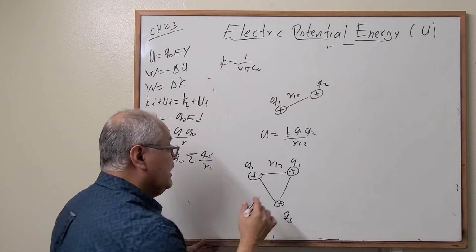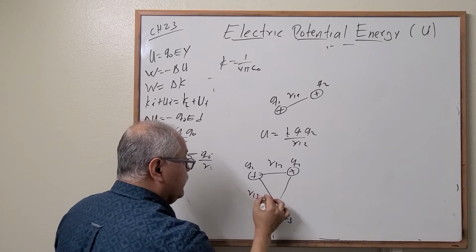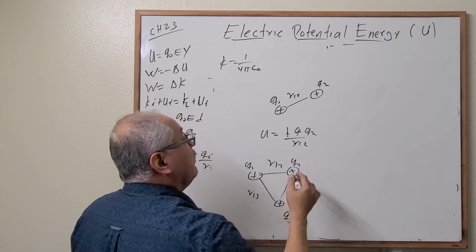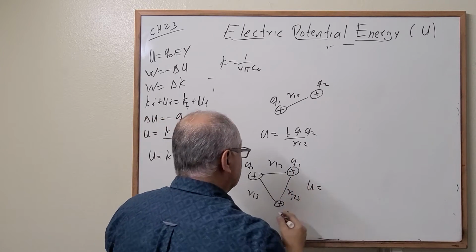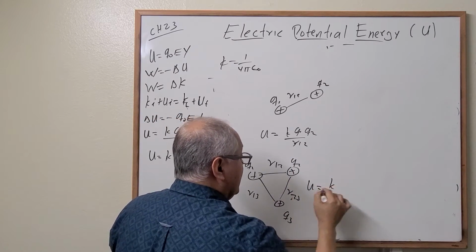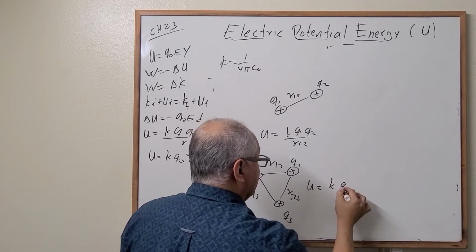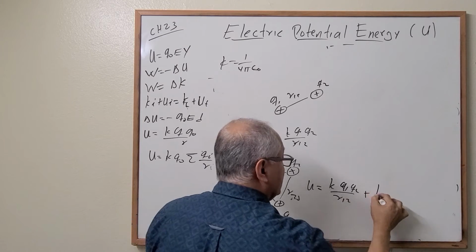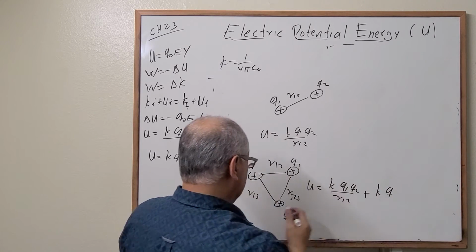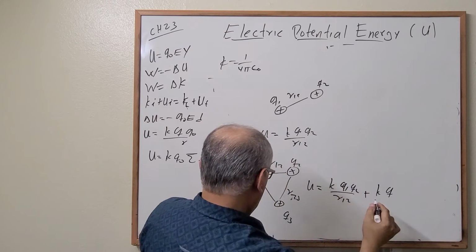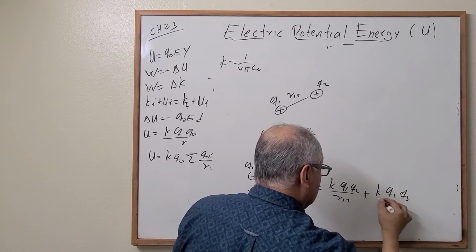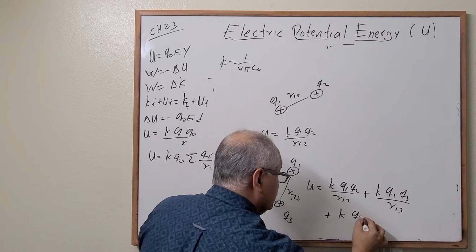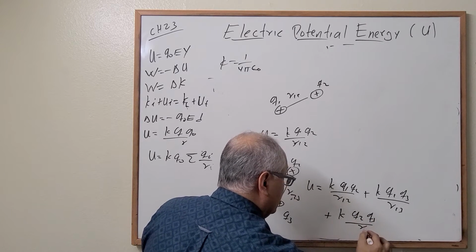This is R13, this is R23. What should be then the potential energy? It is K Q1 Q2 over R12 plus K Q1 Q3 over R13 plus K Q2 Q3 over R23.